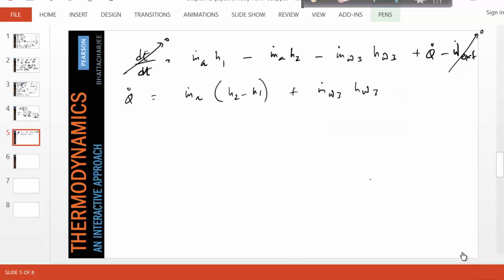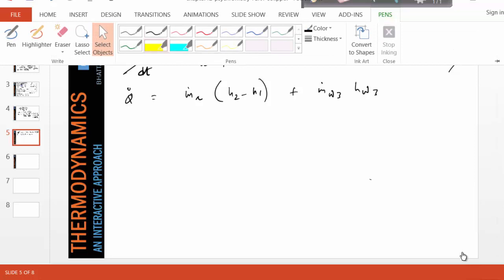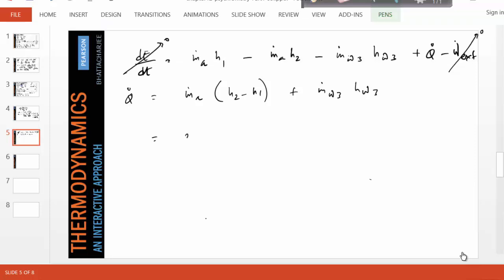Okay, so if we substitute the values we already got, m dot A was given to us 2 kg per second, and we evaluated H2 to be 30 and H1 to be 90. M dot of water we calculate to be about 20 gram, which means 20 by 1000, so many kg per second.